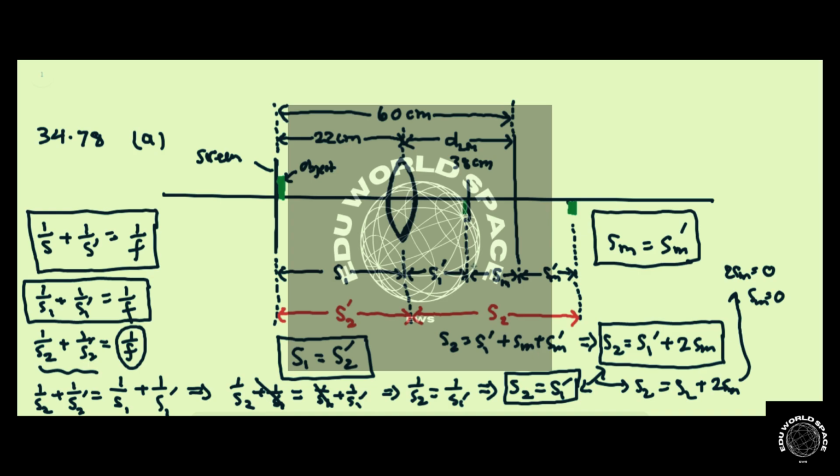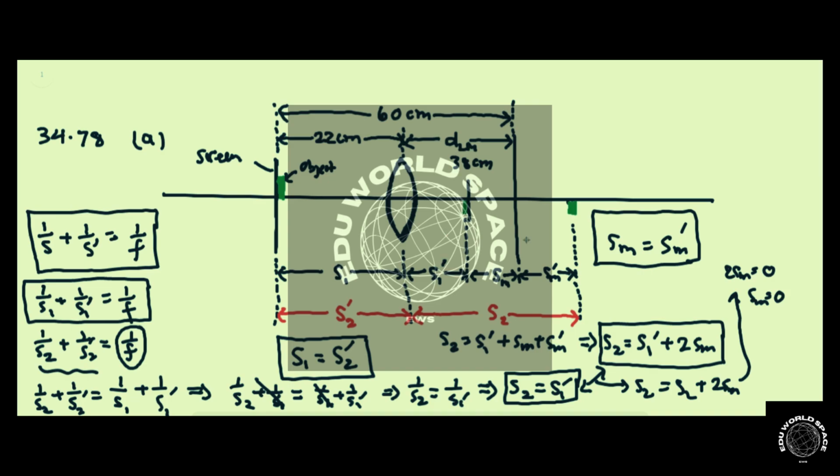Okay, so how will we solve this particular problem? Well, we will use the fact that the distance from the lens to the mirror is 38 centimeters, and the fact that the distances S1 and S2 are the same, which means the mirror is over here at S1 primed.